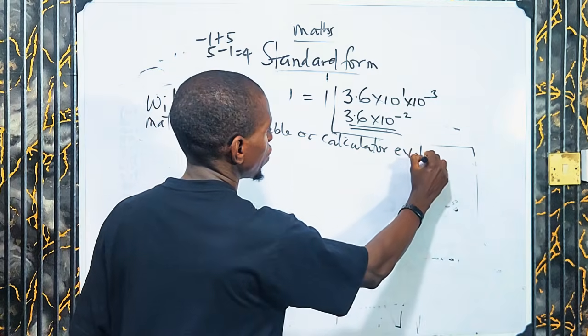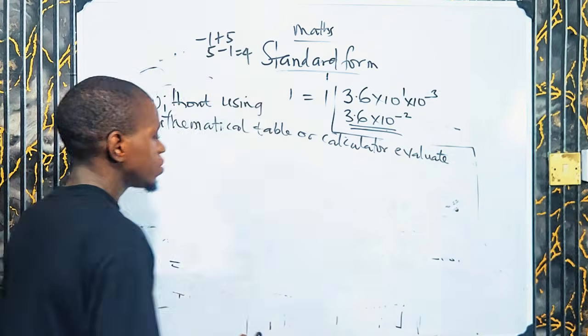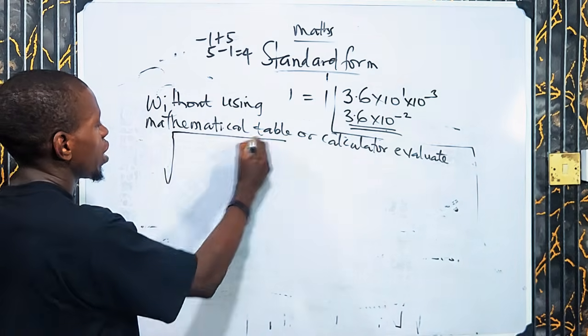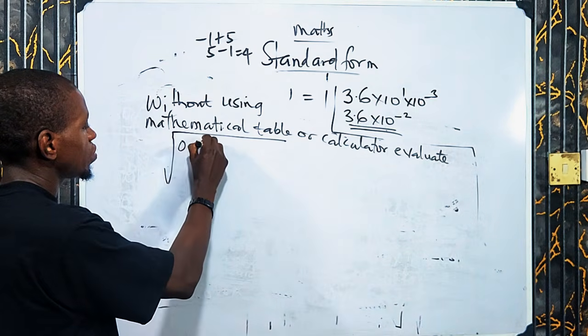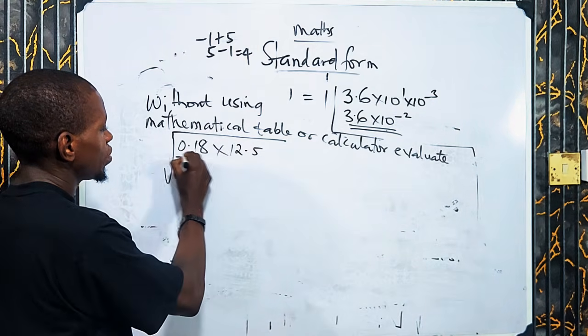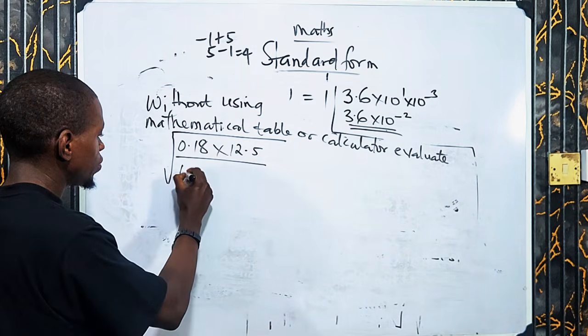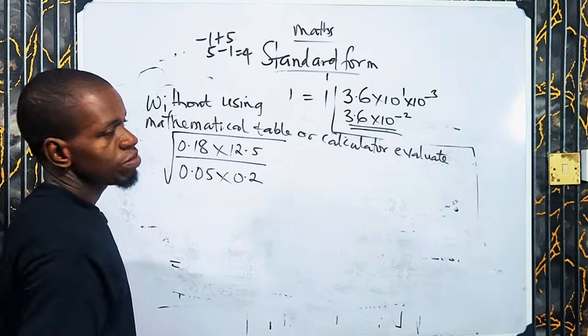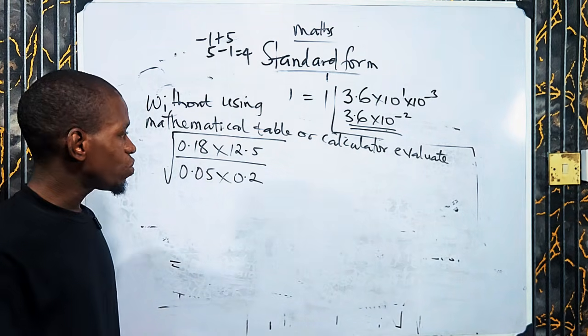You are asked to evaluate, what are you going to evaluate? We have the square root of 0.18 times 12.5 divided by 0.05 times 0.2. This is the question you are asked to solve.